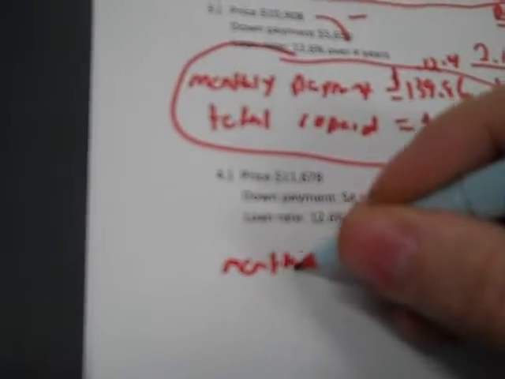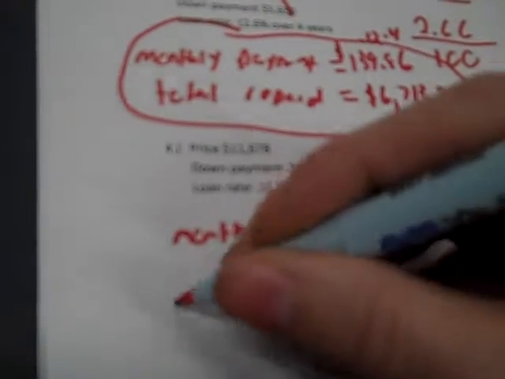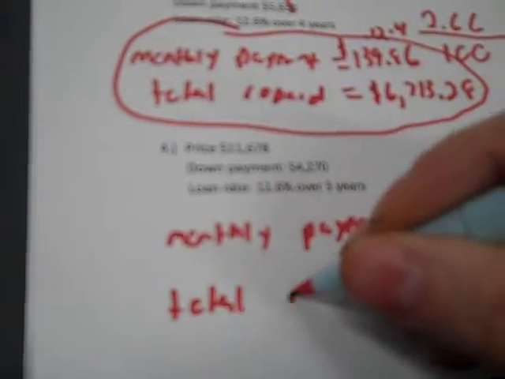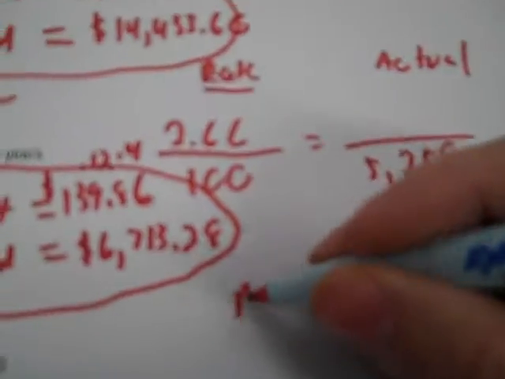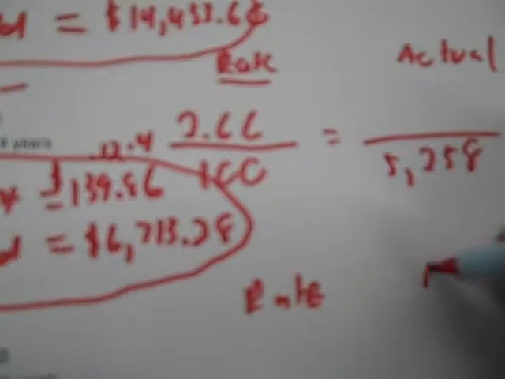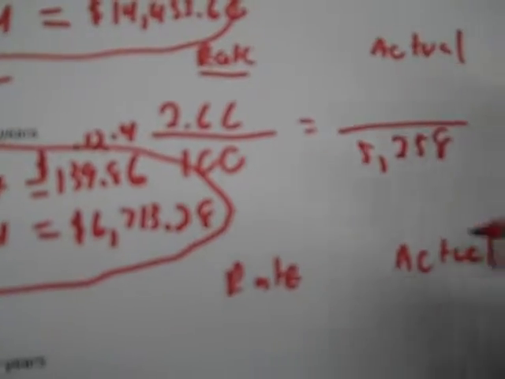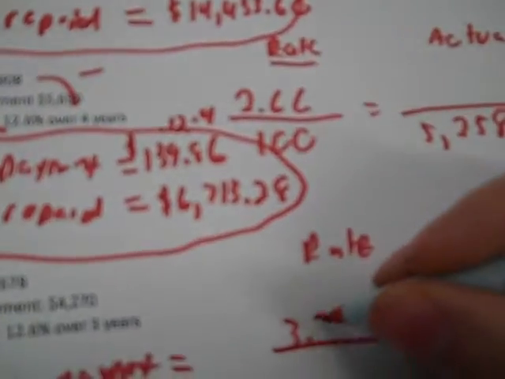Okay, last one. Again, you're finding the monthly payment and the total repaid amount. Okay. So there's rate and actual. So the rate for 12.6 over 3 years is going to be 3.35.